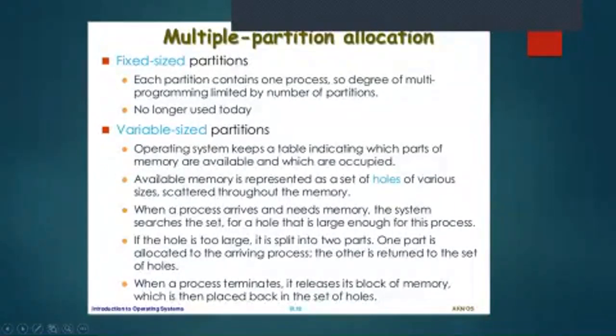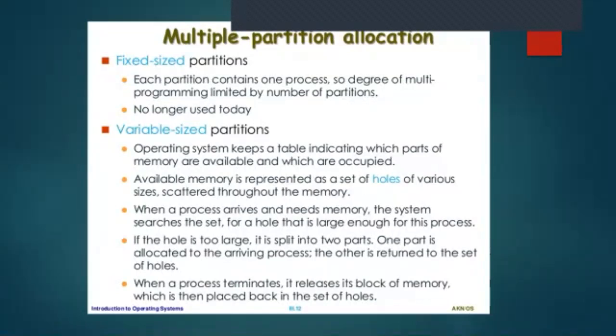Available memory is represented as a set of holes of various sizes scattered throughout the memory area. When a process arrives and needs memory, the system searches the set for a hole that is large enough for this process. That means searching is done and the available hole which fits the need is allocated.